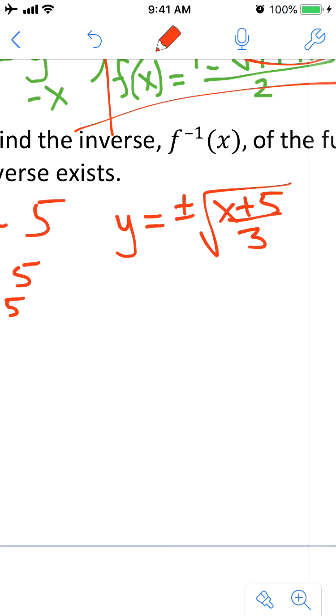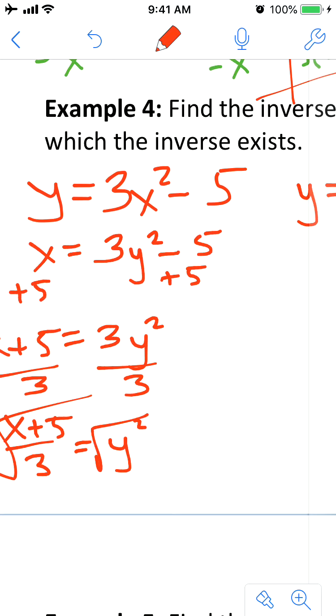This one doesn't simplify like the last one did, or like the one 2 times ago did, because there is a 3 on the bottom. But we didn't have to use the quadratic formula because there was no middle term, right? If there was an additional y, if this was 3y squared plus y minus 5, then we would have to use the quadratic formula. We didn't have to do that here. If you wanted to, you're more than welcome to.